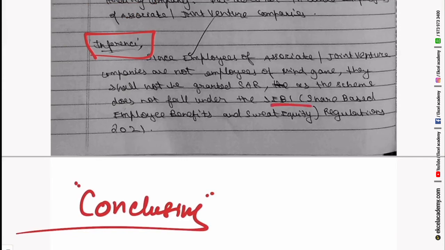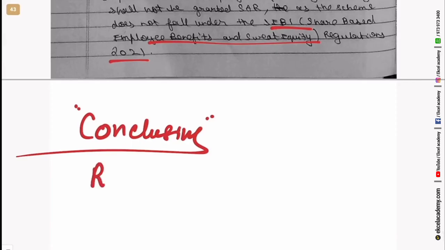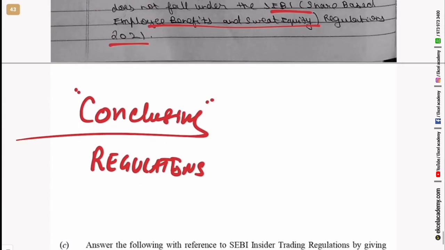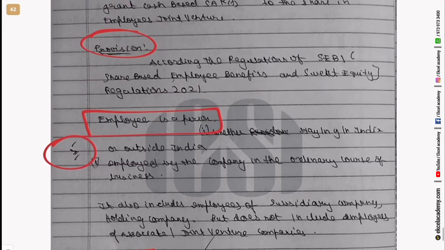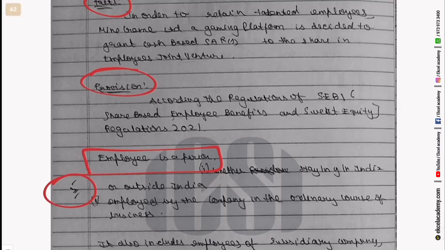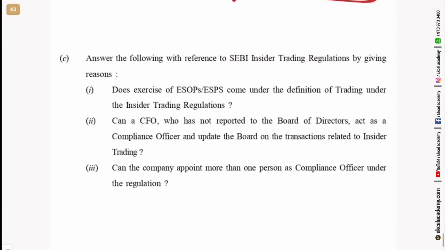And if you see here, he's mentioning the entire name of the regulations. That makes a difference: the exact regulations, which are the applicable regulations. So he knows which regulation is applicable for which provision in SEBI and how it is connected. The employee benefit and sweat equity related question, that also he has analyzed really well.